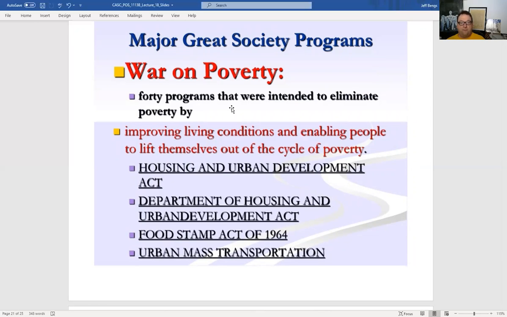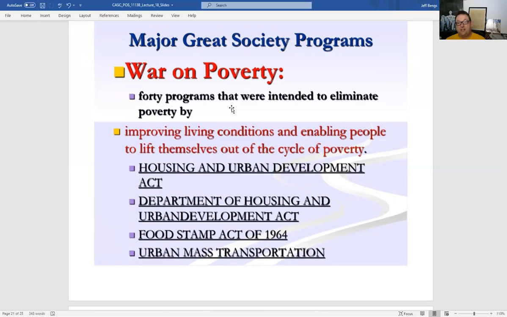Now, there weren't even 40 programs total in FDR's New Deal.